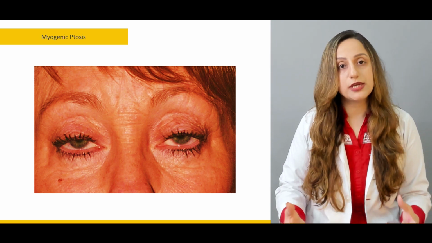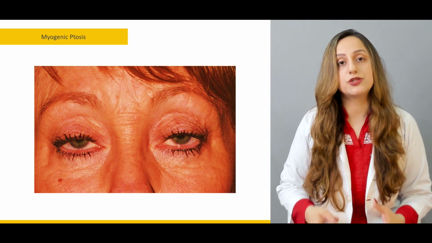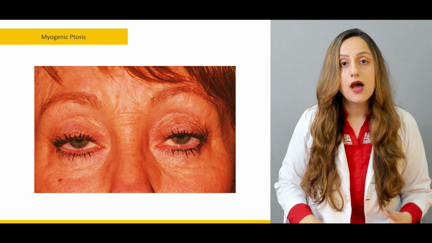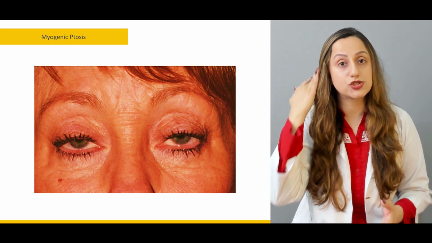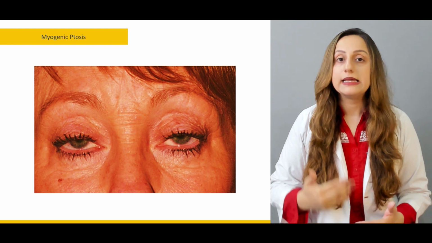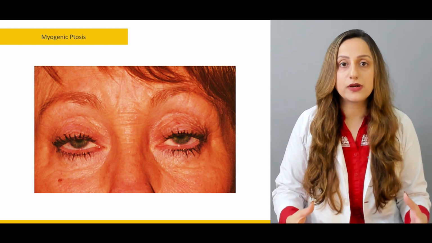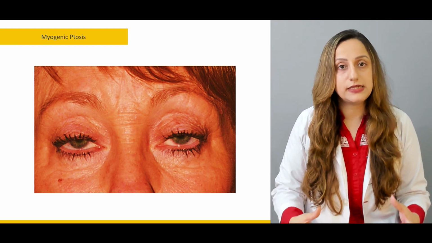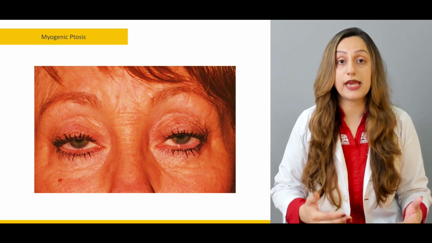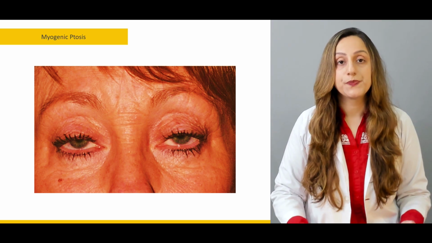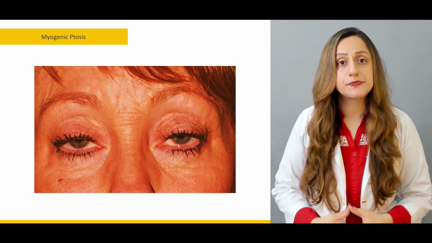Whenever you have this patient, you're going to assess whether this condition is unilateral or bilateral. Then you have to assess the severity, whether it is a mild, moderate, or severe kind of ptosis.